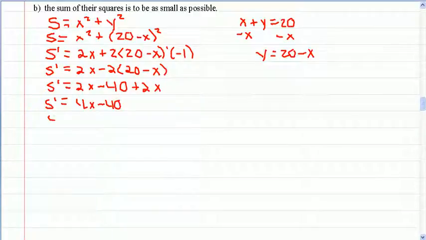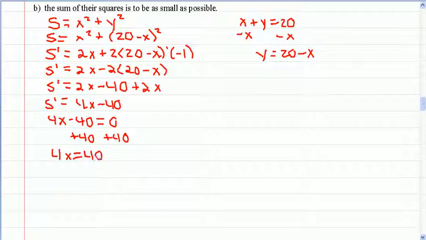So I take 4x minus 40 and set it equal to 0. So that x equals 10.